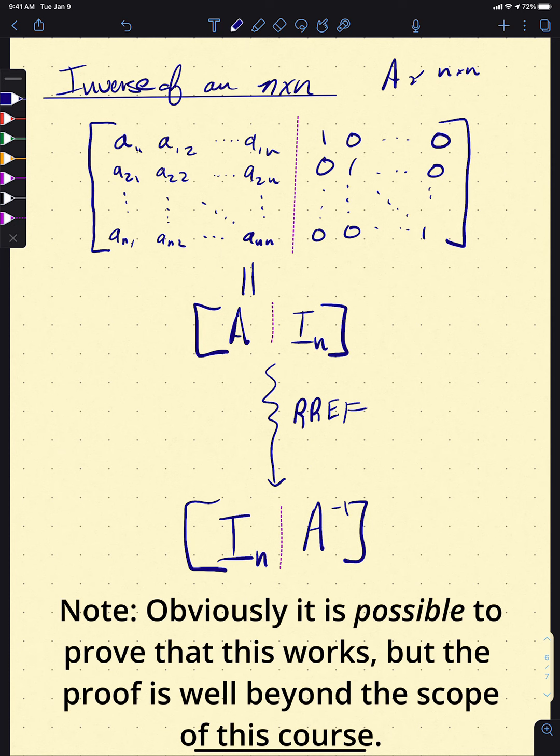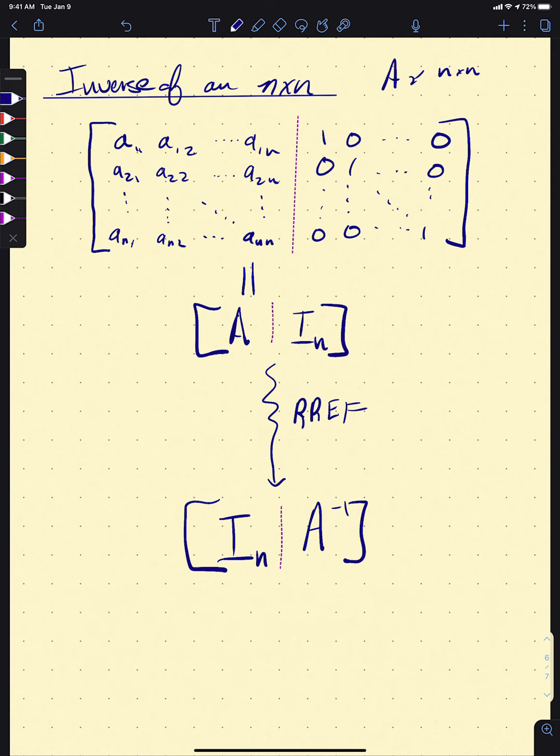Like I said, unfortunately, we can't go about proving this, so we'll just have to do a couple of examples to show that it works, okay? So let's start with that.